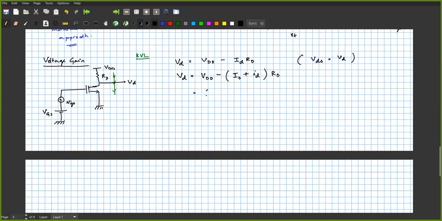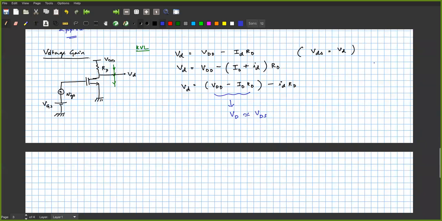So I will write this as VDD minus ID into RD minus id RD. Now this term is actually VD, the bias drain voltage. It is actually VDS. Both are the same thing.